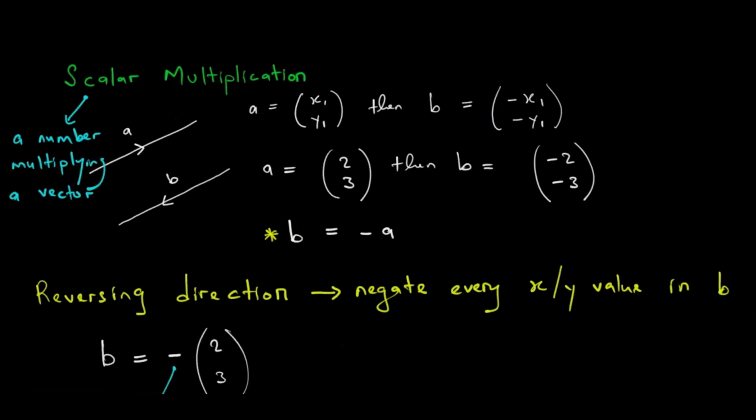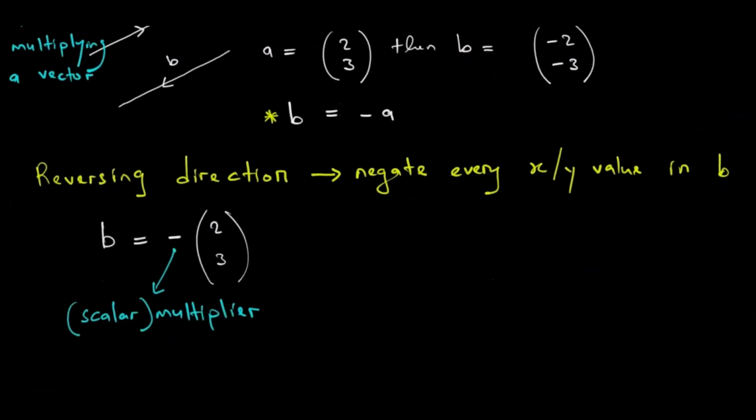So if we come back to what we are working on, to define this -1 as a scalar or scalar multiplier, tikanyora again B is equal to minus 2, 3. Zviri kuitika panapa ndezvekuti this scalar is going to multiply every x, y value in the vector.